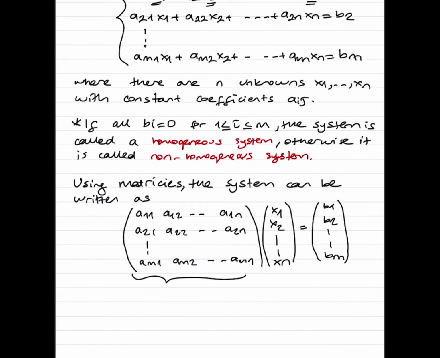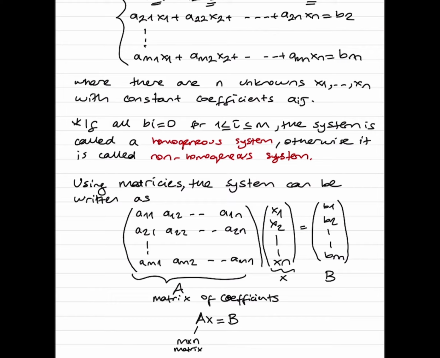This matrix A is the matrix of coefficients. And we have x here, and it is equal to the matrix B. So we have AX is equal to B, where A is an m by n matrix.